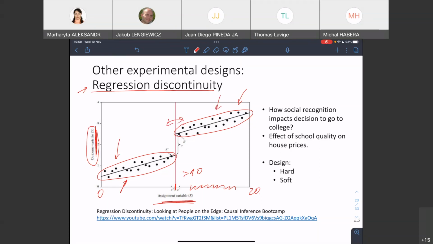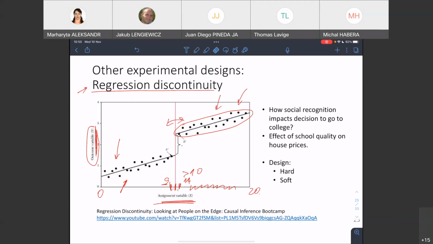Why? Because we say, let us take this margin. Here we have people that have grade 11 and grade 9. The difference between these two groups is very small. It might be just that the person didn't sleep well enough last night, and that is why he was not able to get one more point to score 10 and get the diploma.